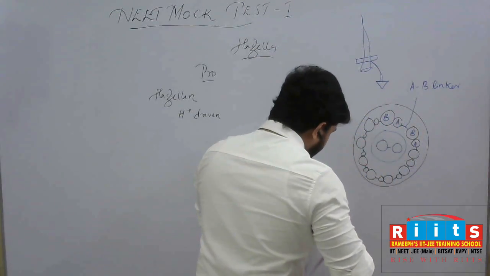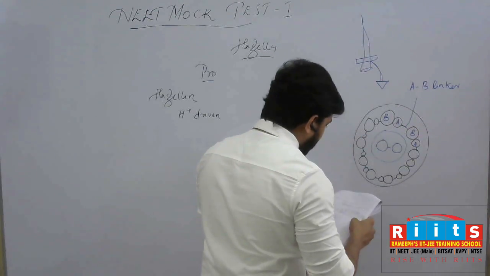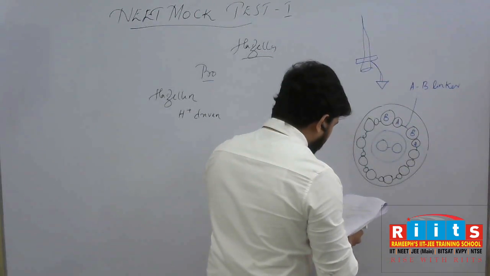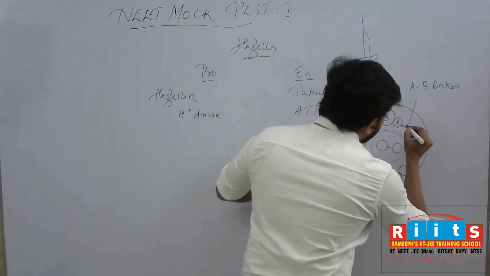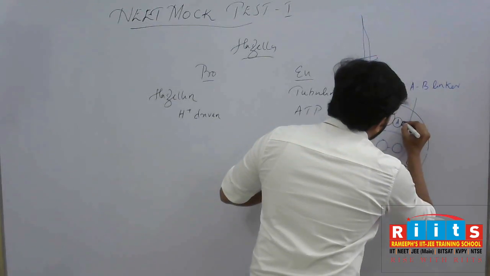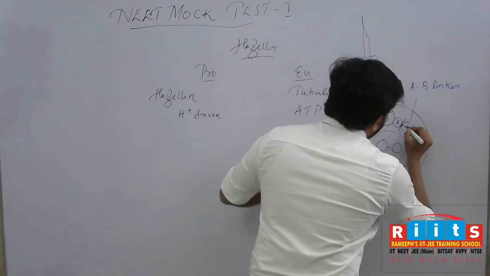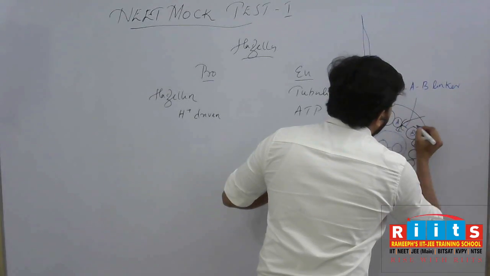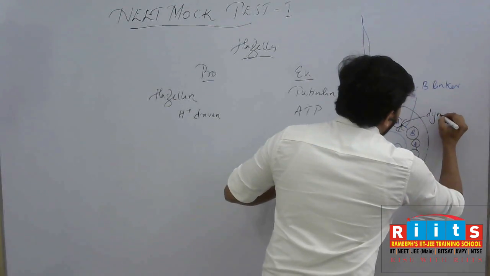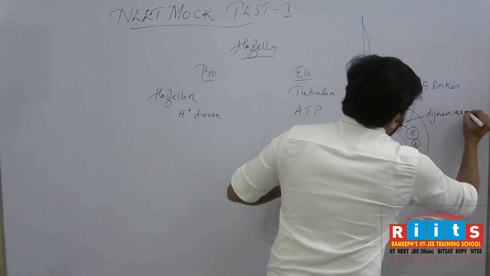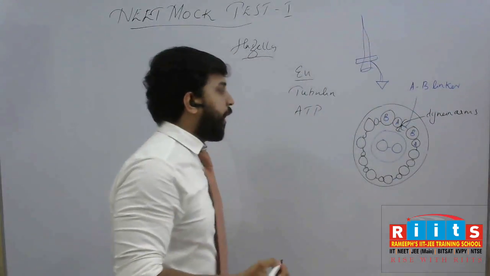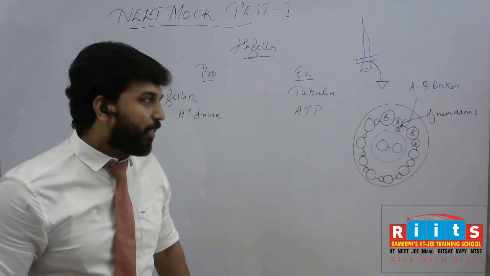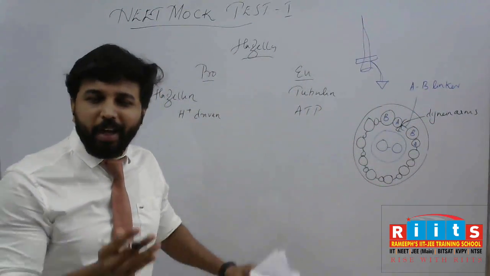These are called dynein arms, made up of a protein called dynein, which helps in proper movement and alignment.